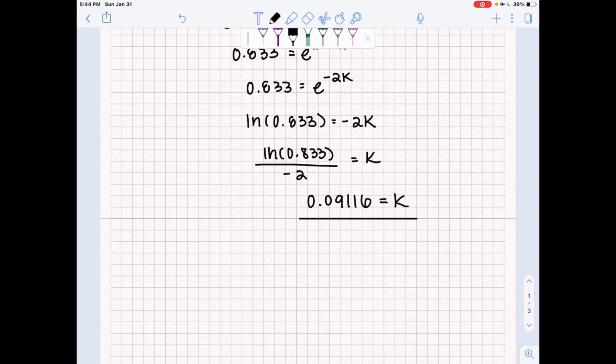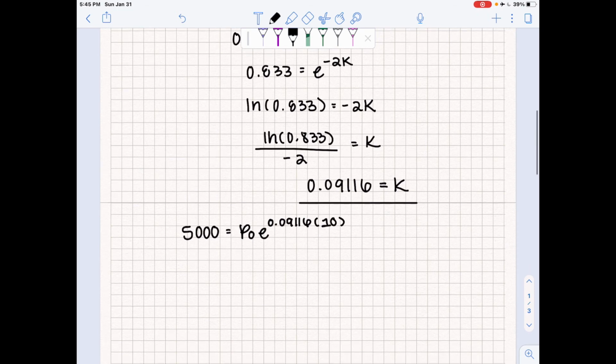So if we use the 10-hour initial condition, we have 5,000 equals p naught e to the 0.09116 times the 10 hours that we knew from the problem.